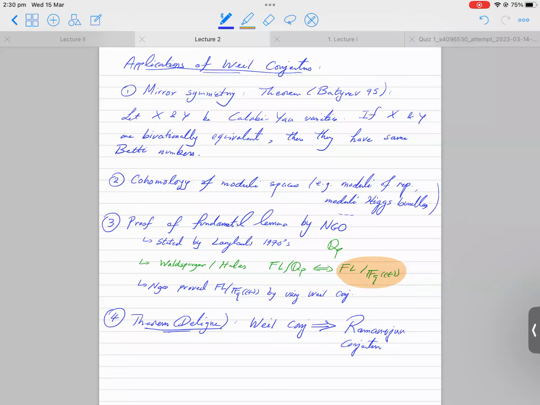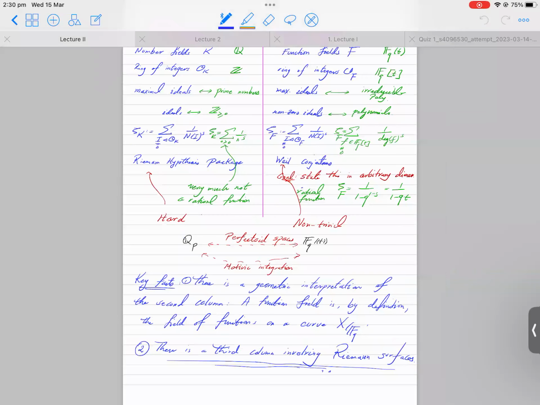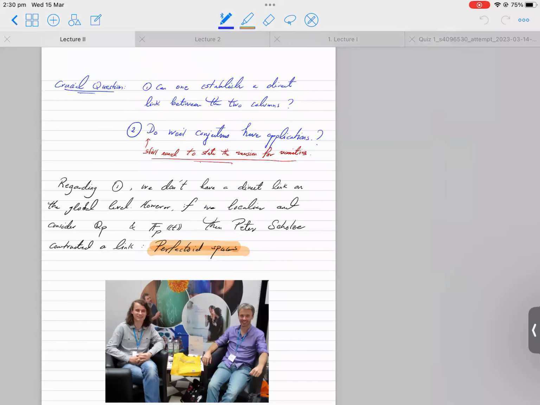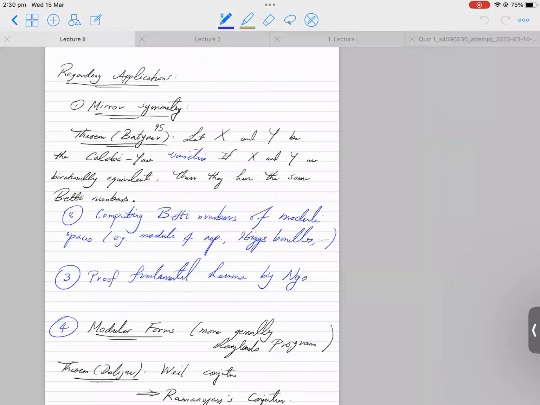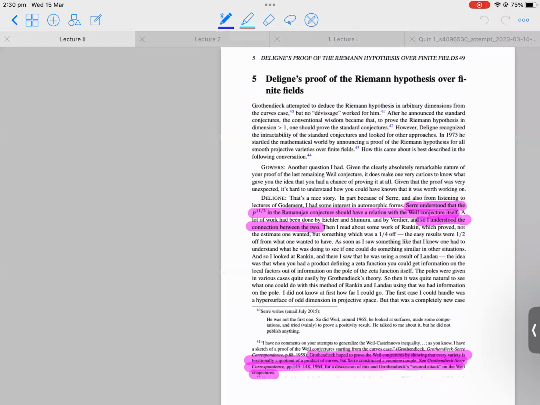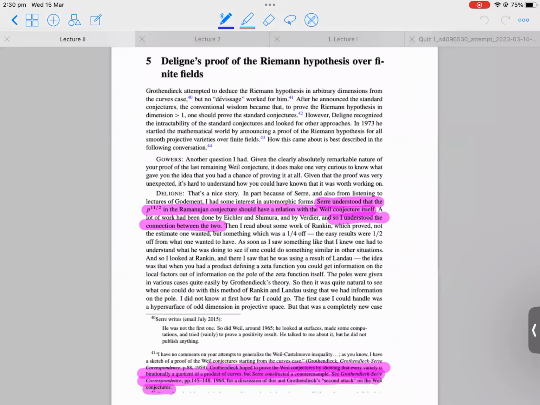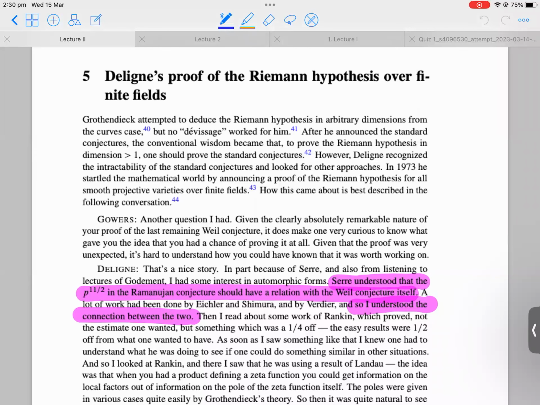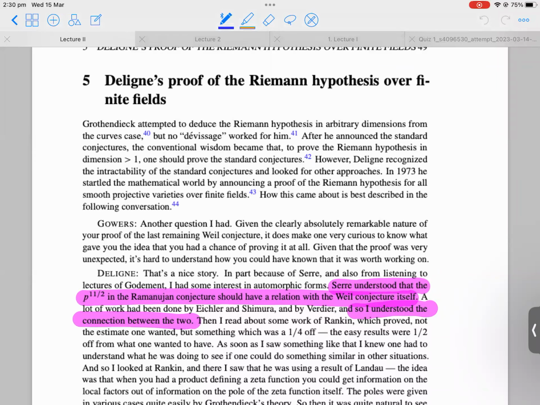Okay, I want to read an excerpt of the interview of Timothy Gowers with Deligne. Timothy Gowers, who was another Fields medalist, was interviewing Deligne for the Abel Prize when Deligne won the Abel Prize. By the way, the stuff before the interview is also interesting.